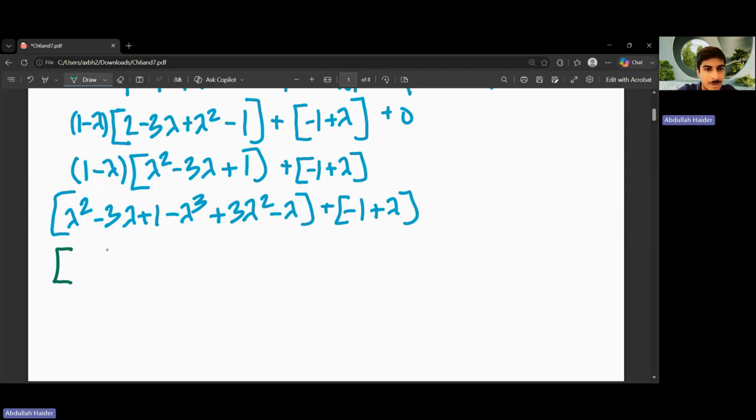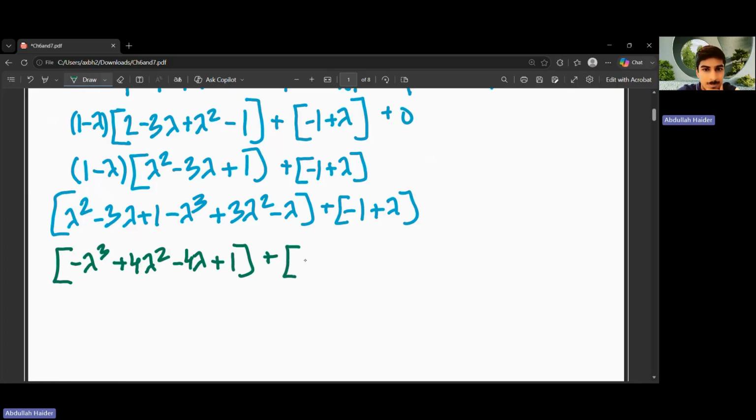And now finally you get minus lambda cube plus lambda square plus 4 lambda square minus lambda plus 1, so maybe plus 1, I guess. Minus lambda cube, 4 lambda square, minus 3 lambda minus lambda. This will become minus 4 lambda. So you have minus 3 lambda and minus lambda will become minus 4 lambda. It's very easy to make mistakes here.